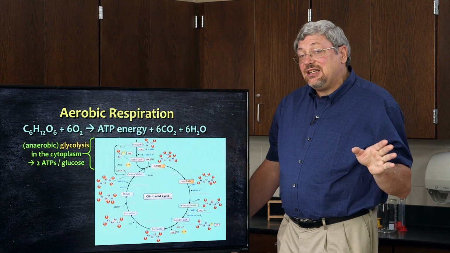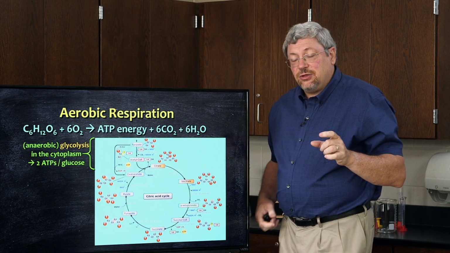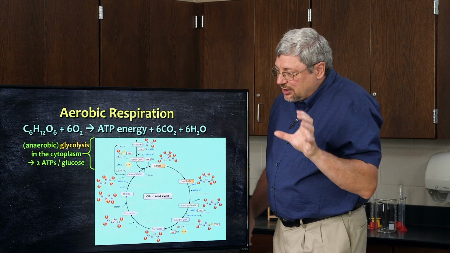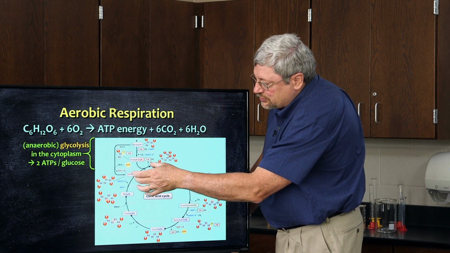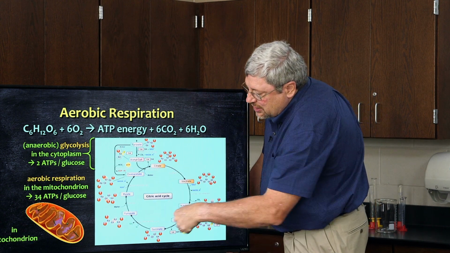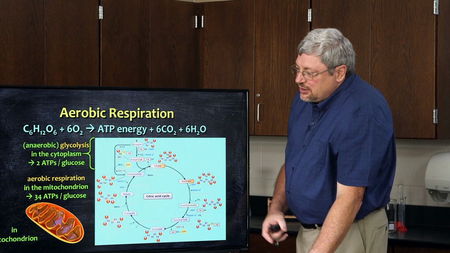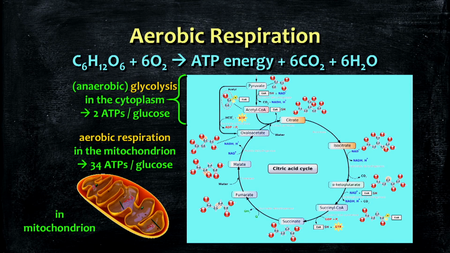To get the rest of the energy, the pyruvate molecule, which is the 3-carbon molecule that's resulting from breaking your glucose, is brought into the mitochondrion for the citric acid cycle. So in the organelle called the mitochondrion, this is where aerobic respiration actually occurs.